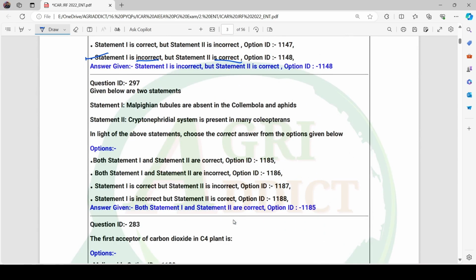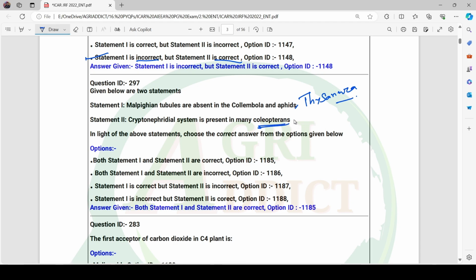Another statement type of question. First statement: Malpighian tubules are absent in Collembola and aphids. Yes, absolutely correct. It is absent in Collembola, aphids, and also Thysanura, the silverfish. And statement 2: cryptonephridial system is present in many Coleopterans.